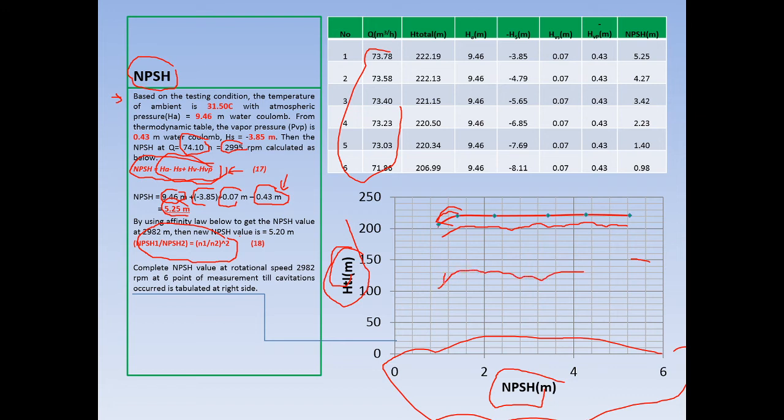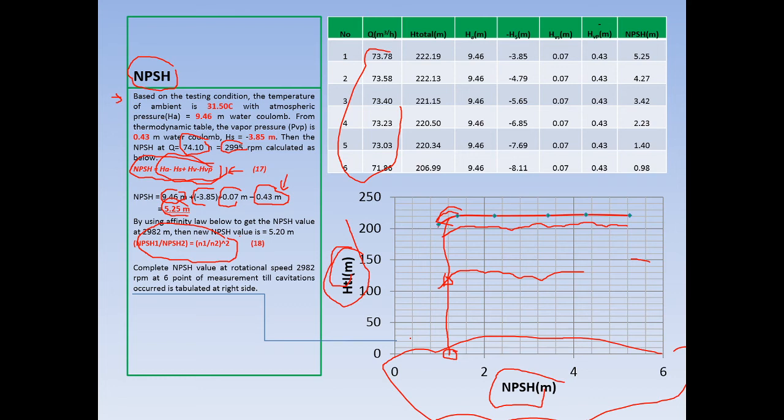So it means when it drops here, 3%, that will be considered the point where cavitation starts, and you have to record that point, and you get here NPSH required, right?